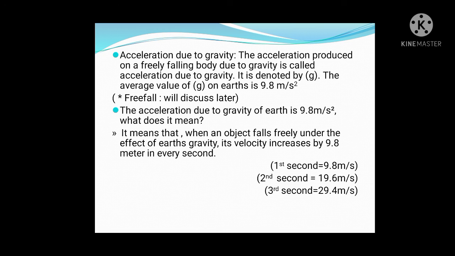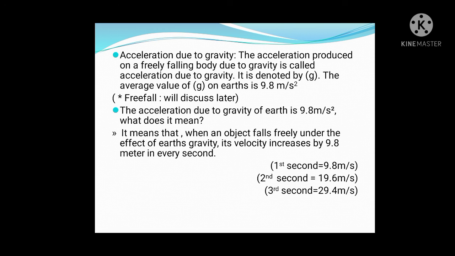One reasoning question that can be asked from this topic is: the acceleration due to gravity of earth is 9.8 meter per second square, what does it mean? You can write its answer like this: it means that when an object falls freely under the effect of Earth's gravity, its velocity increases by 9.8 meter per second in every second.